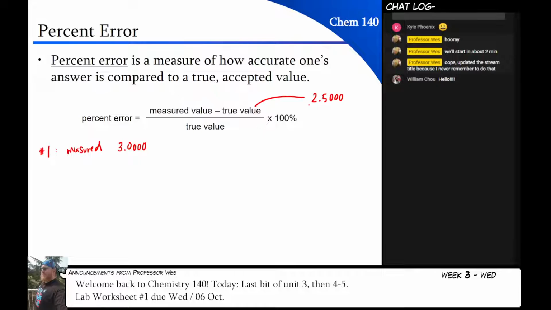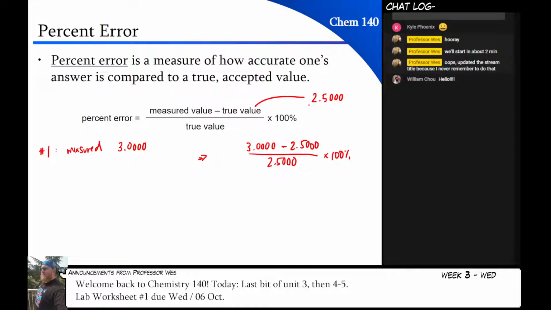To figure out what percent you were off by, we would follow this formula. You do measured minus true divided by true, times 100%. So for trial 1, we would say 3.0000 minus 2.5. I don't know why I put all these zeros now, but that's okay. When putting this in your calculator, make sure you're putting in abundant parentheses.